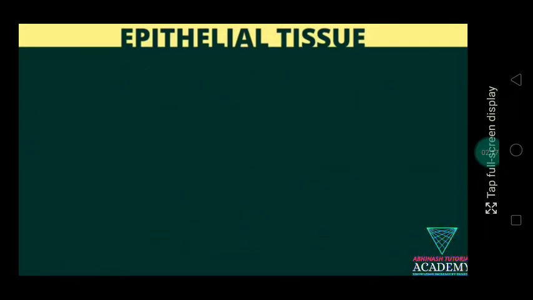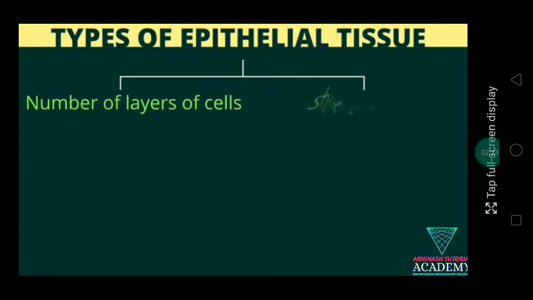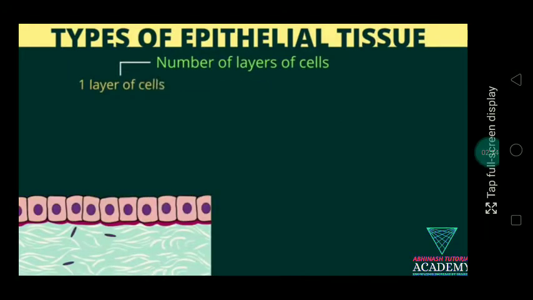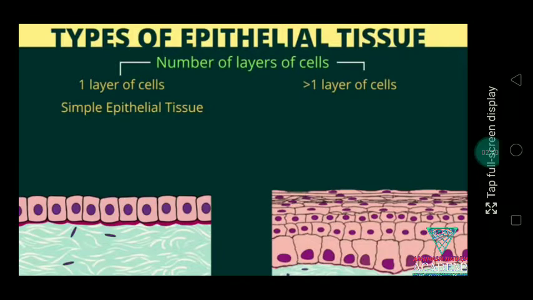So coming back, the types of this tissue are based on two factors: number of cells in the tissue and shape of the cells in the tissue. So first, let's deal with the number of cells. In this tissue, if there's only one layer of cells, we call it a simple epithelial tissue. And if there are multiple layers of cells, like you can see here, you may expect it to be called the opposite of simple, that is complex.